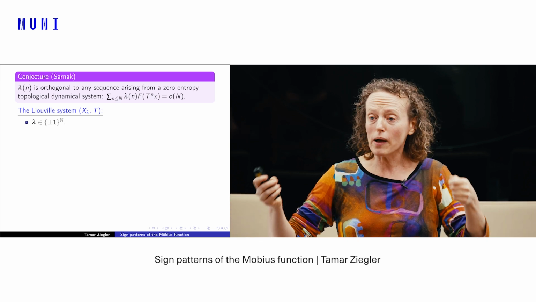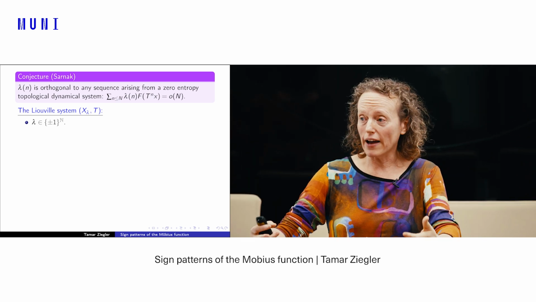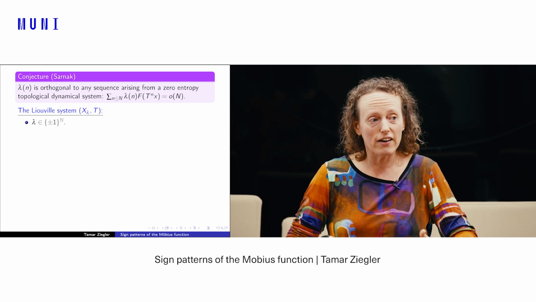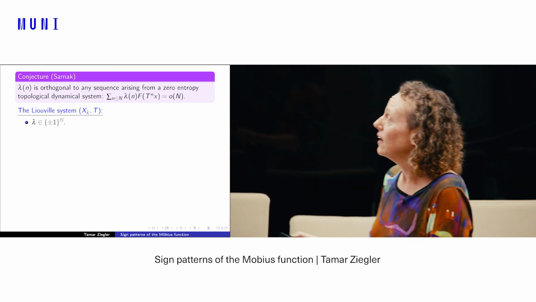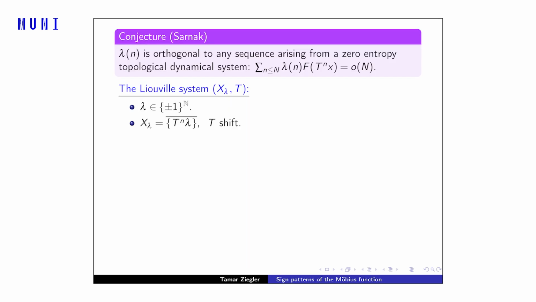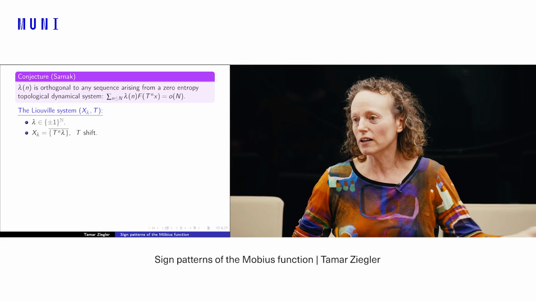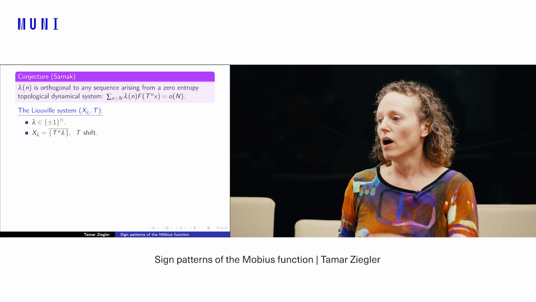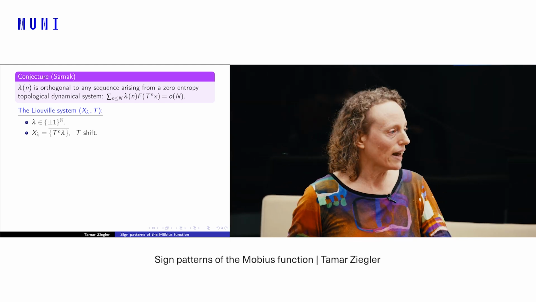Now, if you give me a point in a sequence space, I can develop from it very easily a dynamical system. How can I do this? I can look at this point, look at all its shifts to the left. I get lots of points. Look at the closure of this. This is a closed invariant set. So if you give me a point, I can extrapolate from it a dynamical system.